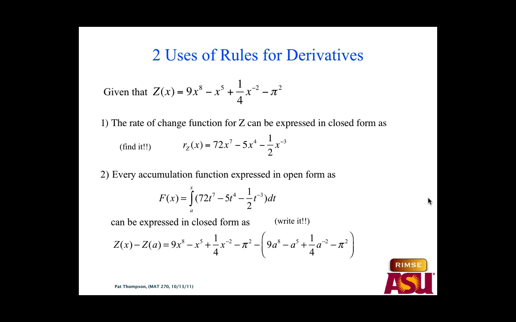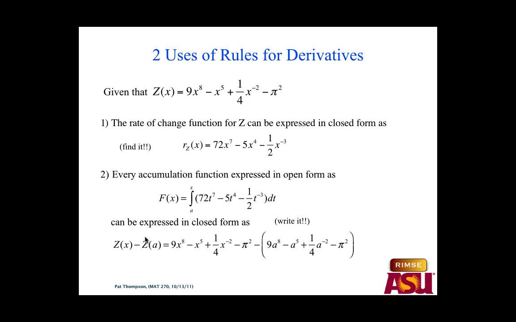But like I said, this accumulation from a to x could be part of z, but what I know for sure, since this is the rate of change of function z, is that this is the net accumulation between a and x for function z.